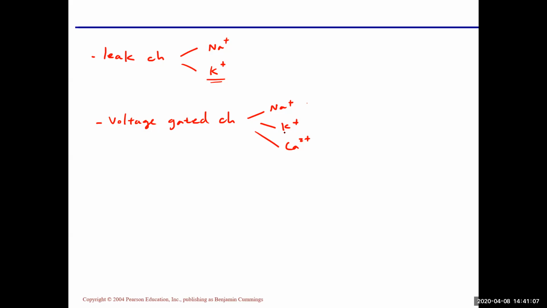Voltage gated potassium channels were slowly opening and slowly closing. And calcium voltage gated channels were primarily on the axon terminal. So in conclusion, they are located on the axon hillock, on the axon itself, and on the axon terminal respectively. These were in the previous lecture.